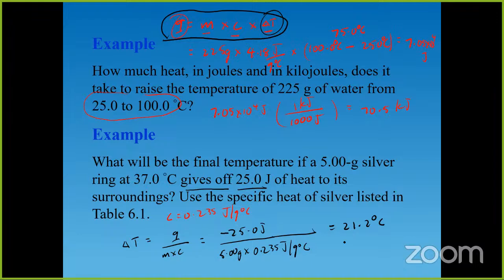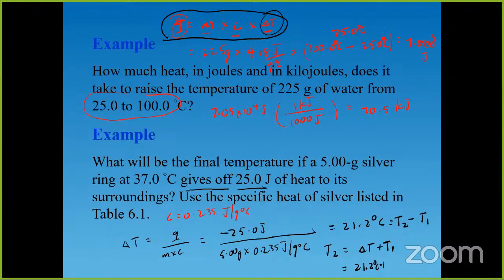Now, that value would be equal to the final temperature, T2, minus the initial temperature, T1. What the question is asking for is the final temperature. So I'm going to rearrange this to get T2 is equal to delta T plus T1, right? Now, delta T is equal to 21.2 degrees Celsius. This is T1 here.